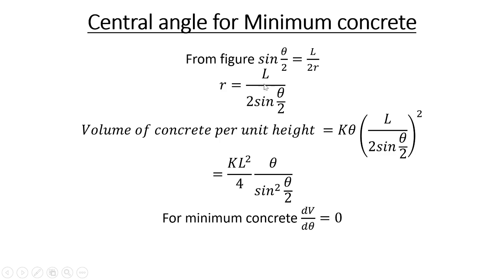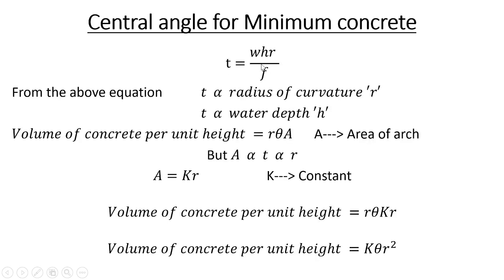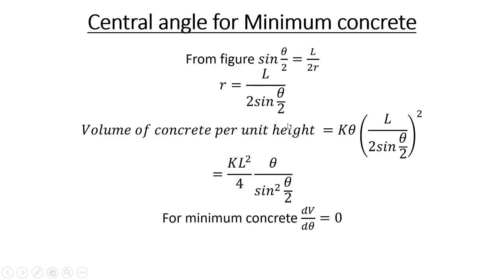Now again substituting the equation of r in our previous volume of concrete per unit height equation, instead of this r we can substitute this r equation. So the equation will be k theta, instead of r square let's put this quantity square.